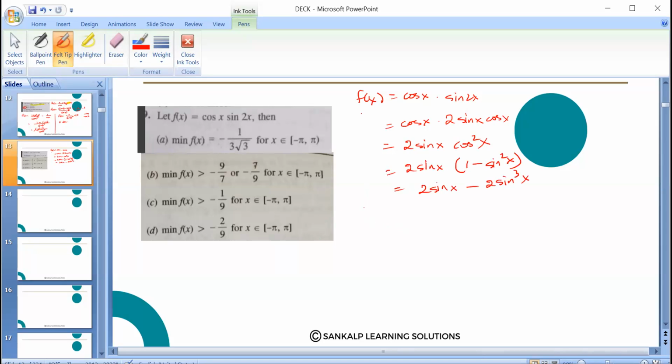So we will write this function as g of t and take the minimum: 2t minus 2t cubed. Like this we will change it so that it will be easy. g dash t will be 2 minus 6t square. You will set it equal to 0. 6t square is 2, t square is 1 by 3, t is plus or minus 1 by root 3. This is the turning point.